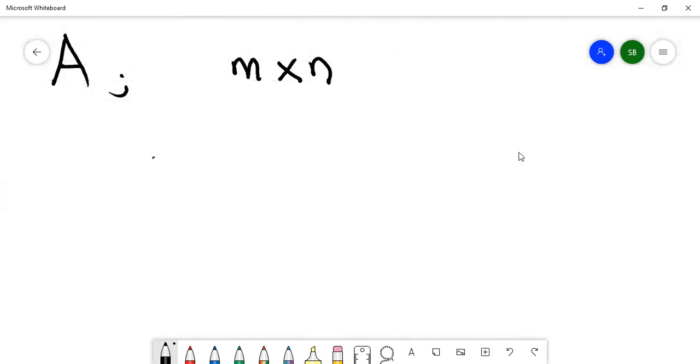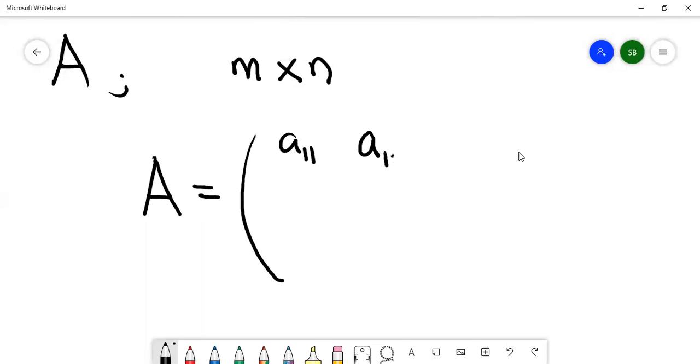We can write it as A with entries, say A11 to mean the entry in the first row, first column. We have A12, the entry in the first row, second column, and you can continue up to the last entry in that first row, which is the entry in the first row, nth column.